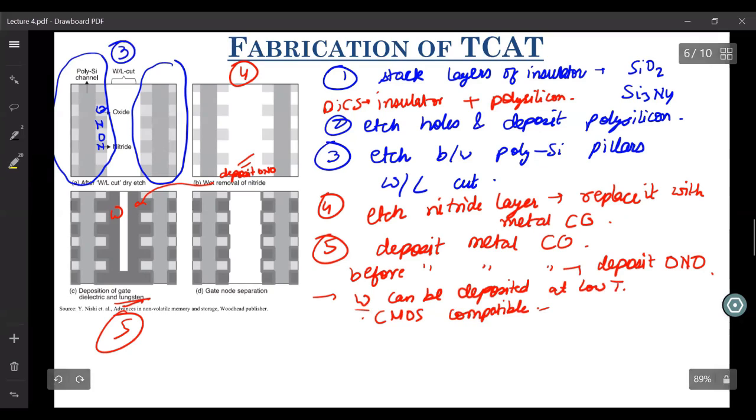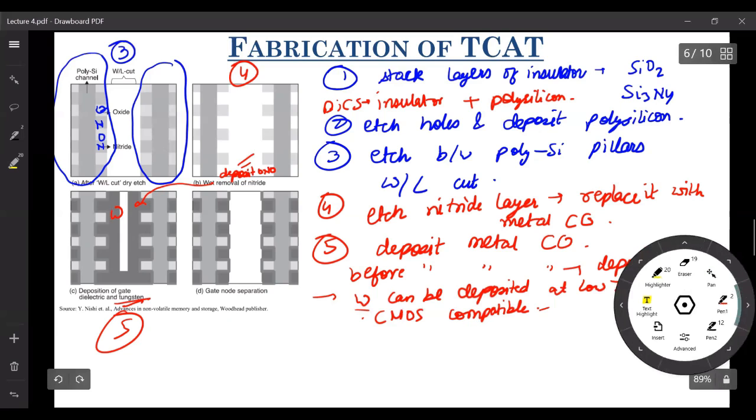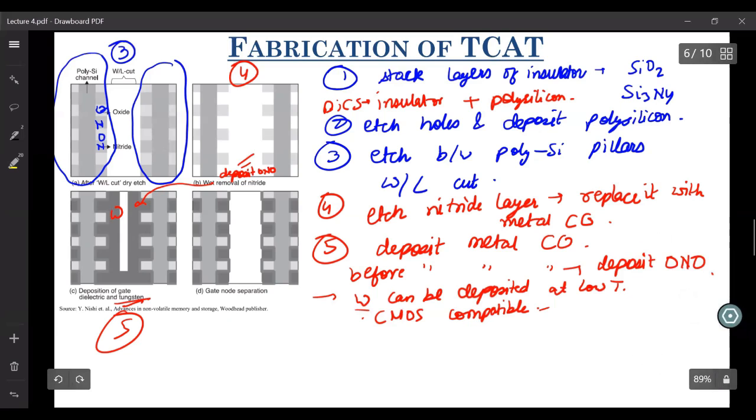So you deposit these metals, and then, like in the sixth process, you separate these control gate nodes by etching.